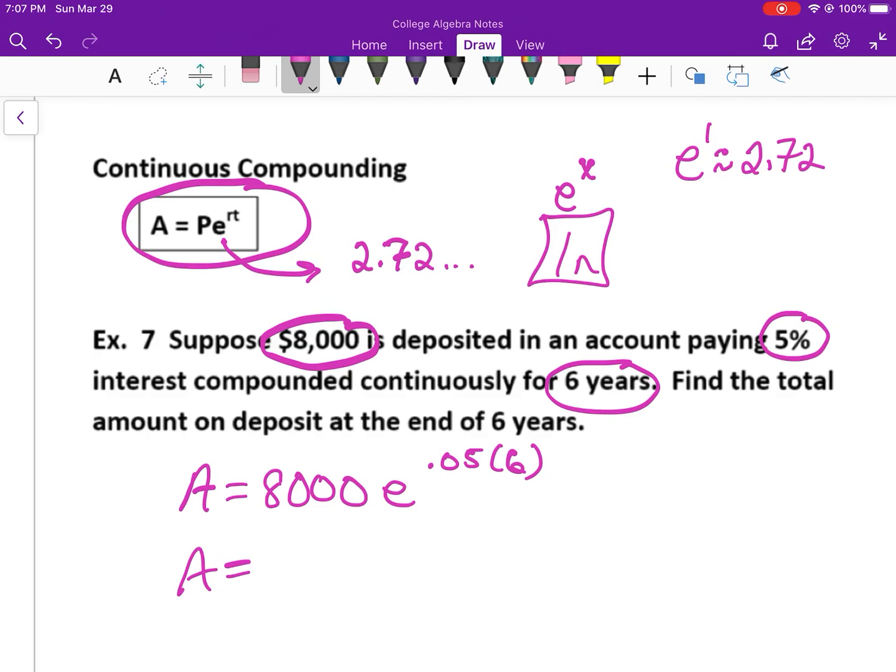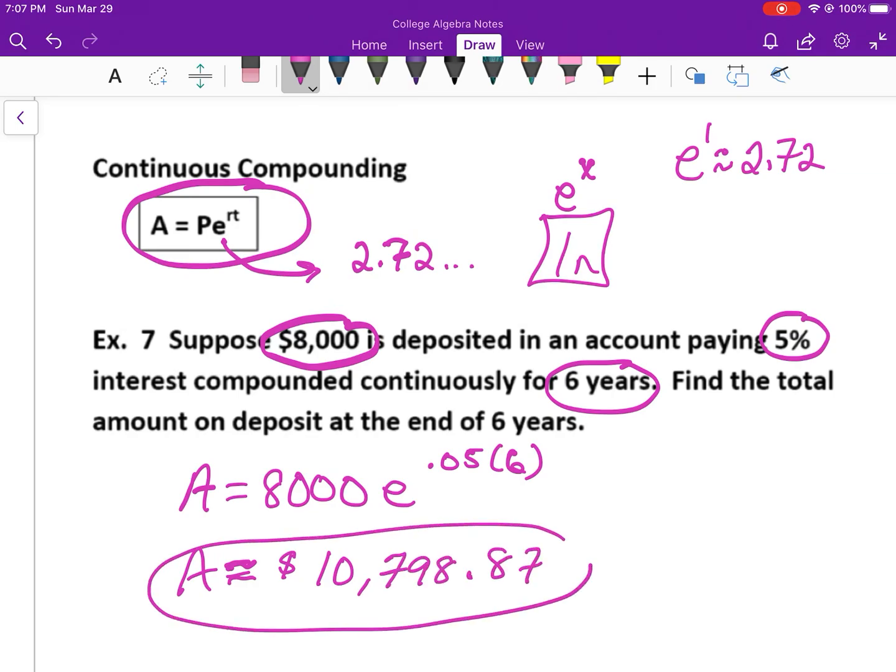And once we put that in our calculator, round that to 2 decimal places, $10,798.87. Again, I put all of that into my calculator without any extra steps.